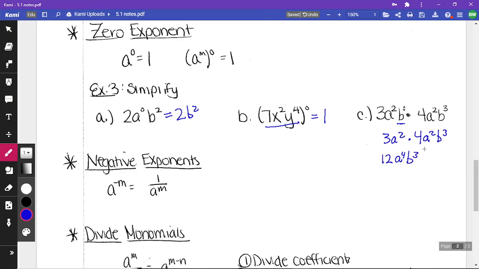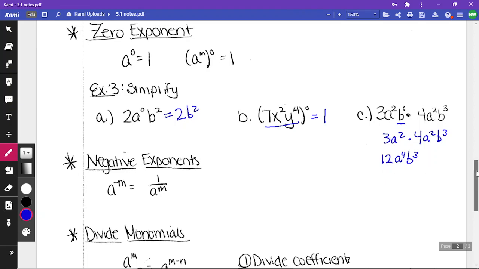Okay, so really we just did the ordinary rules to multiply that we've learned, but when we see the b to the 0, that's just 1, so you can just sort of ignore it when multiplying. Okay, so we get 12a to the 4th b cubed.